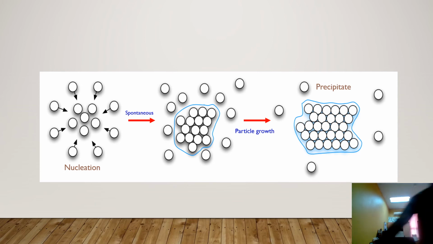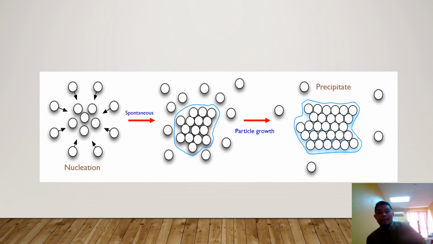Alright, so as you can see here, this is in order to produce the precipitate, which is for your crystalline precipitate, which is nucleation berlaku, and then this spontaneous terus particle growth.